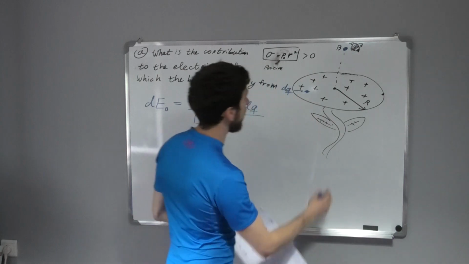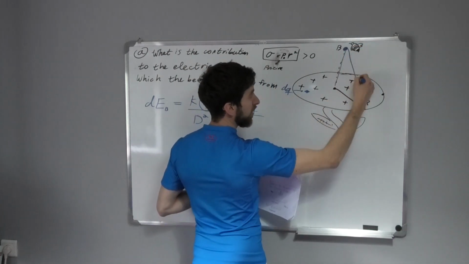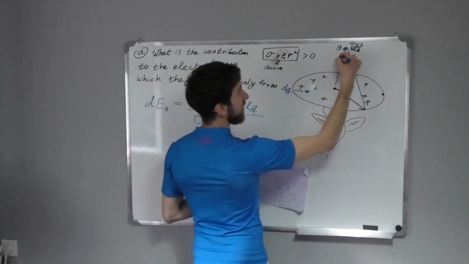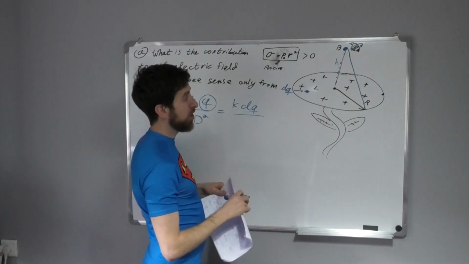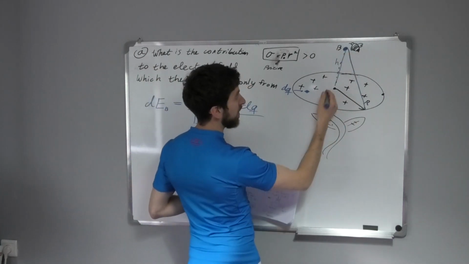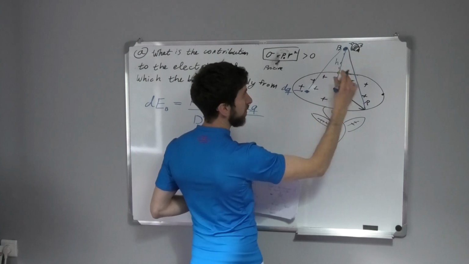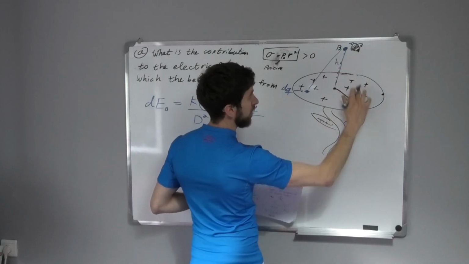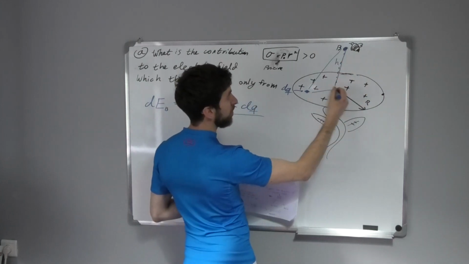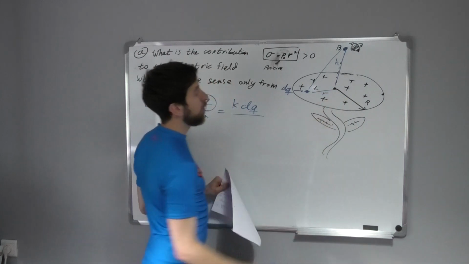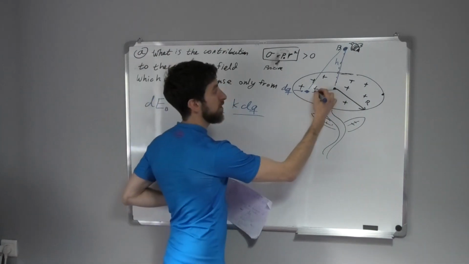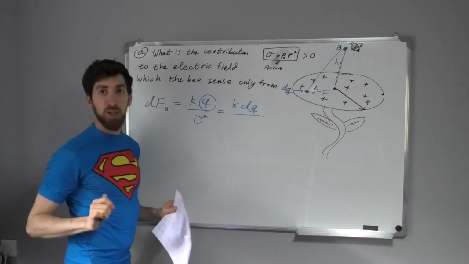You can see that here I have some nice triangle. I can say that the height of the B is H. And here, okay, sorry, this is my triangle, not this one. I want a more general form. And this is the location where my dq is located.